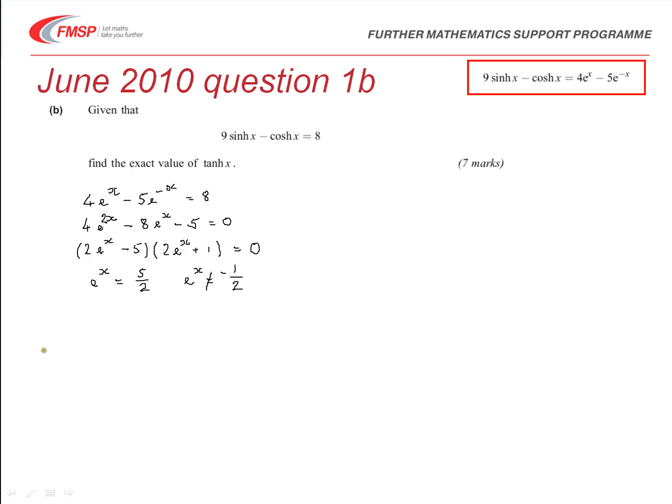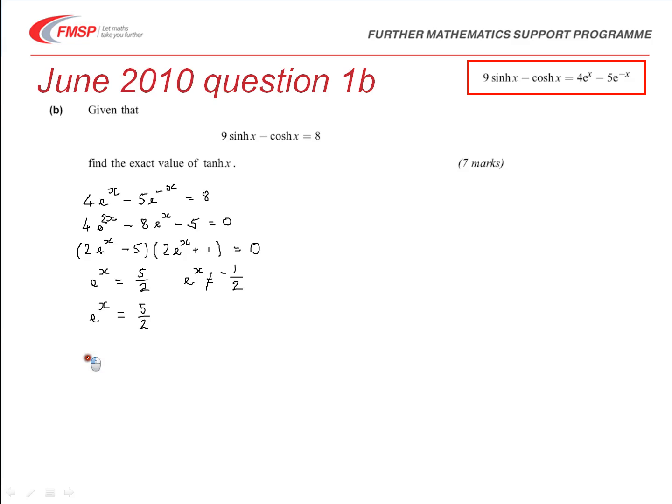So the only value we've got which is of any use to us is e to the x equals 5/2. Now we don't need at this point to think about what the value of x is from here, because this next thing we now want to know is the value of tan x.